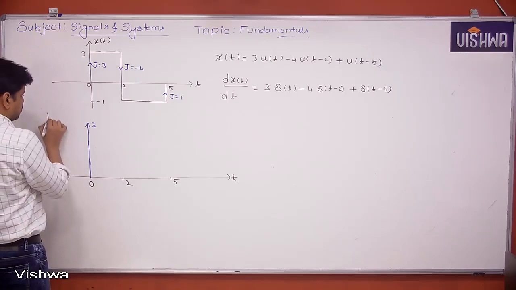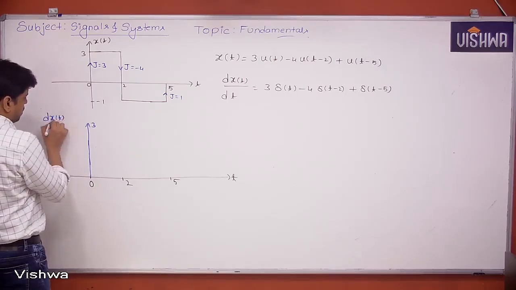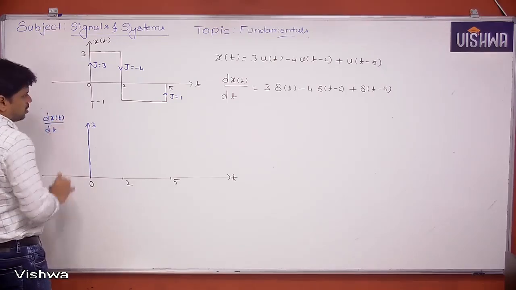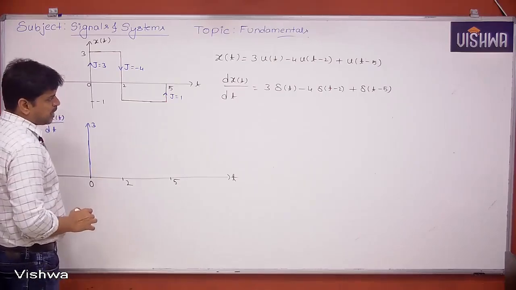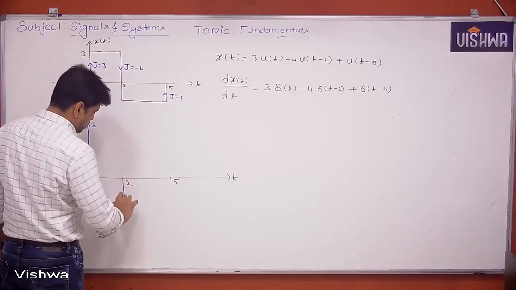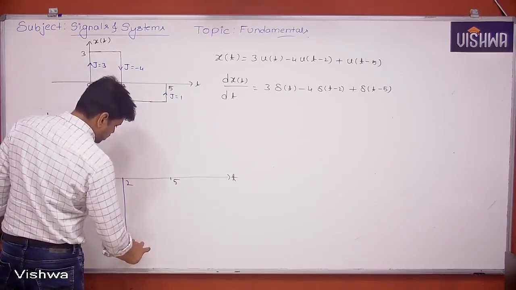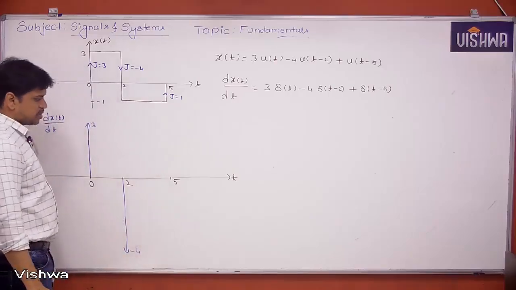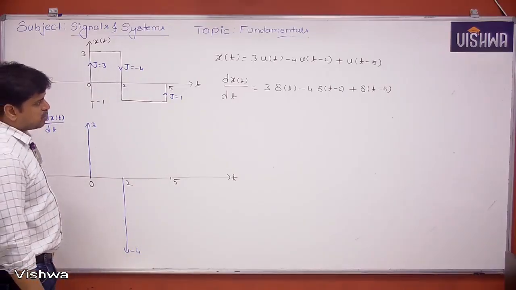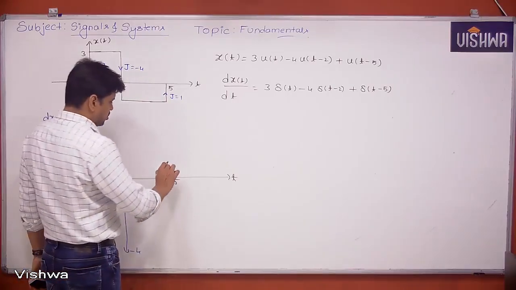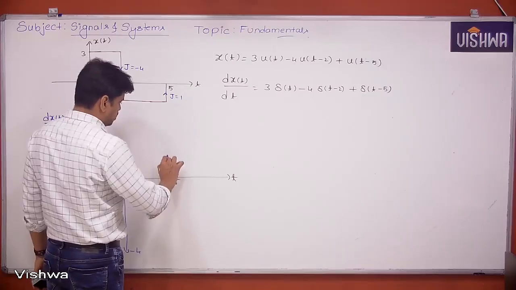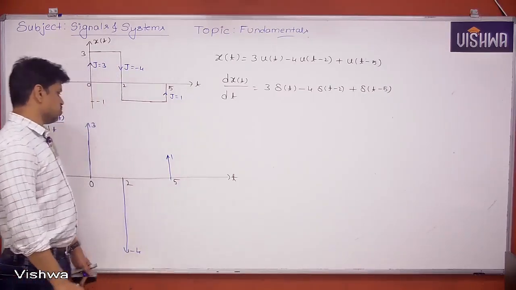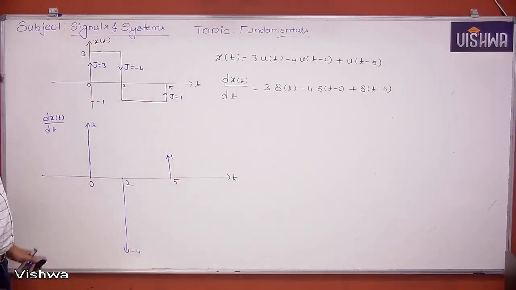This is dx of t by dt I am drawing. Next, at 2 we are having a minus 4. That means in the downward direction strength is equal to minus 4. That is the impulse function. At 5 we are having an impulse function with strength 1. So this is what the dx of t by dt.